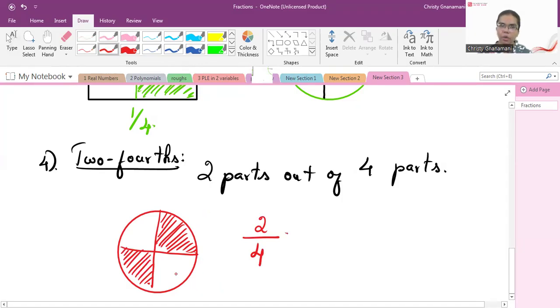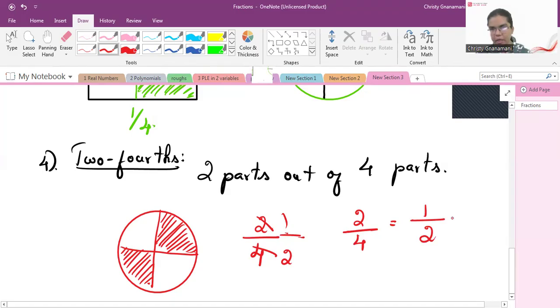Also, did you notice that 2/4 can be simplified to 1/2? It represents a half of the whole, right? So 2/4 is also equal to 1/2.